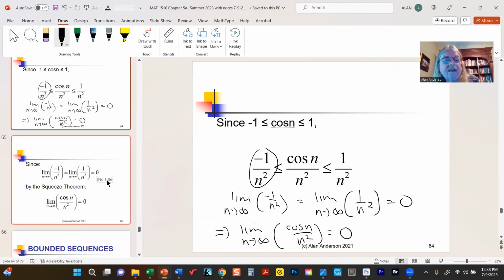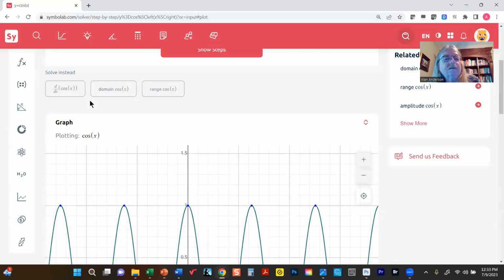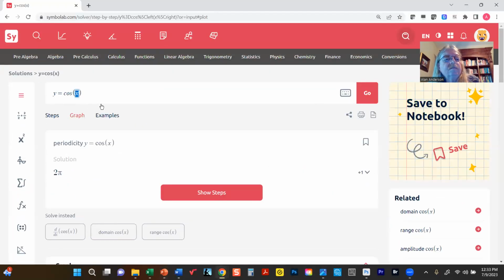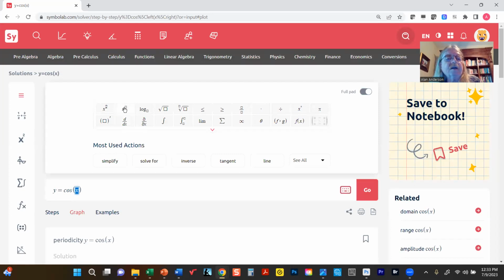Now, having said all that, let's look at the graph of cosine n over n squared, or in this case, cosine x over x squared, let's say.